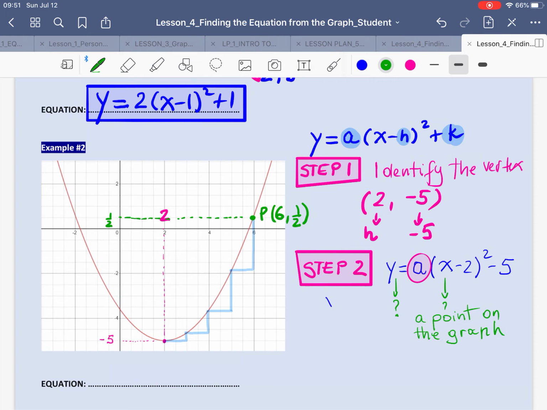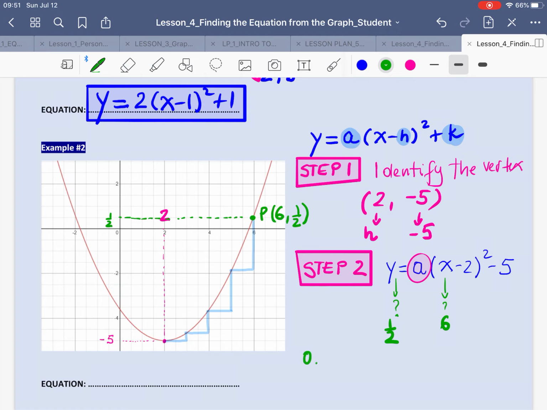So that means that we can substitute y by 1/2 here, and we can substitute x by 6 here. So the equation now has changed to become y, or 1/2.